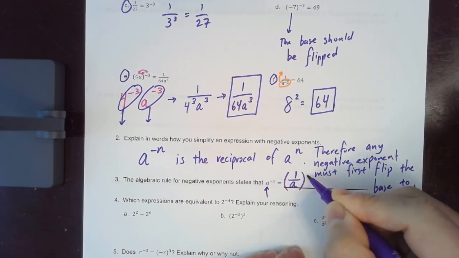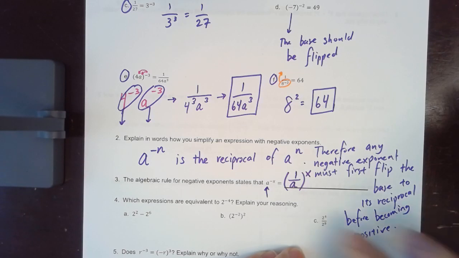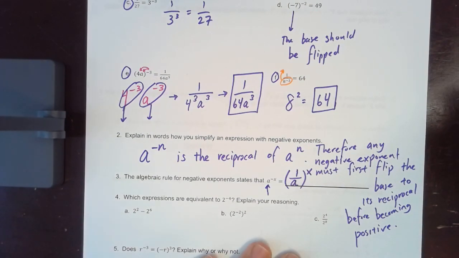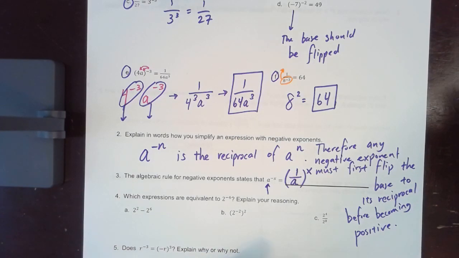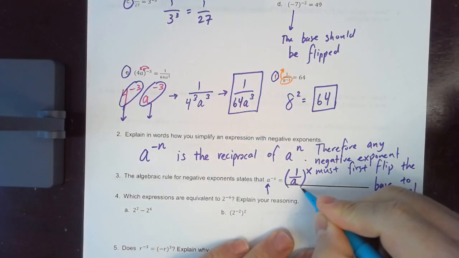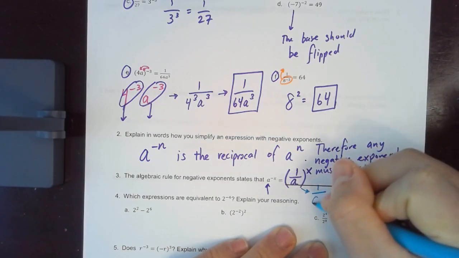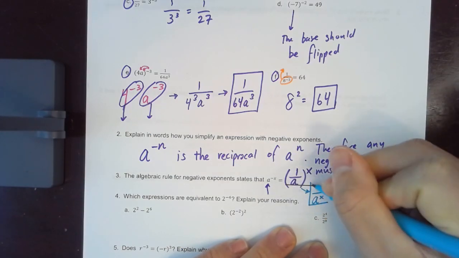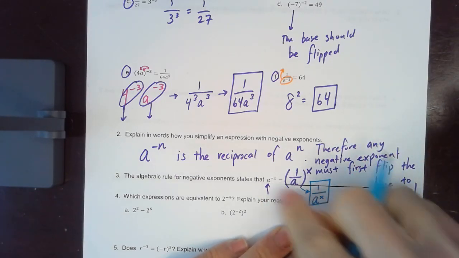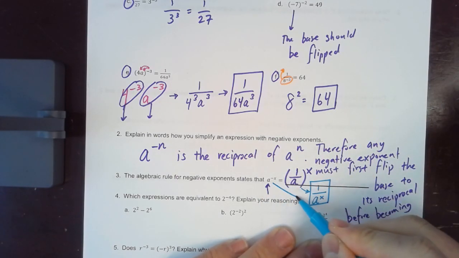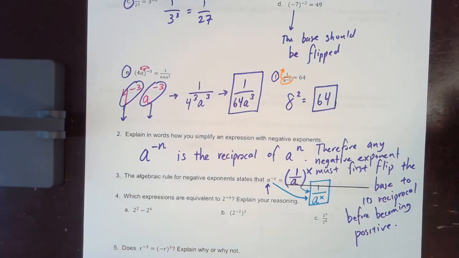And that would make the exponent positive. Okay. And then the final for that would be 1 over a to the x. That's probably the most preferred way to show the two. So a to the negative x is 1 over a to the x.